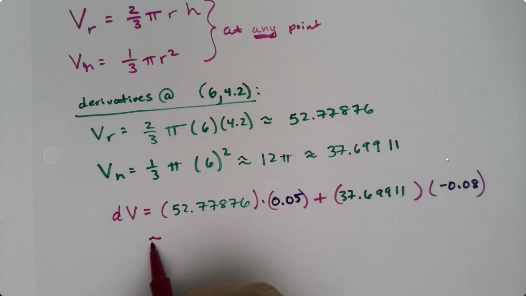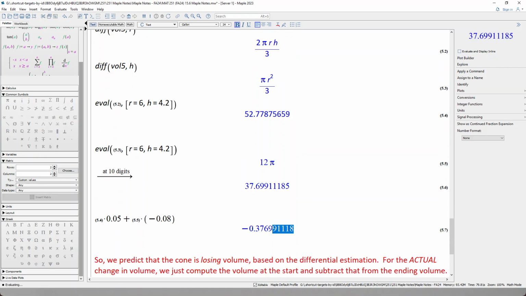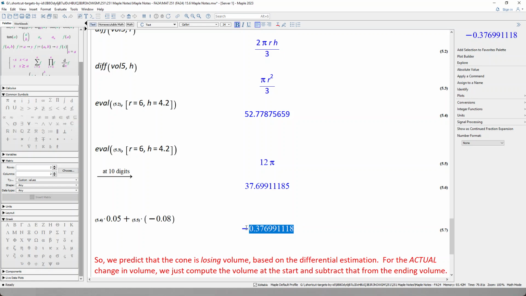And then obviously we're just going to make a computer do that. And I already did. And we get negative 0.37699.